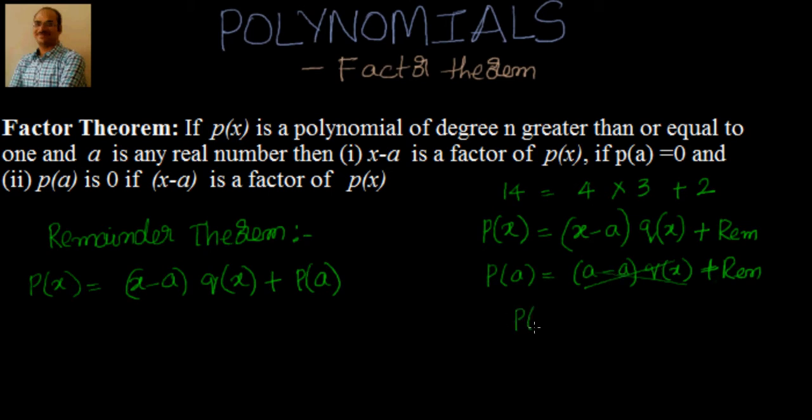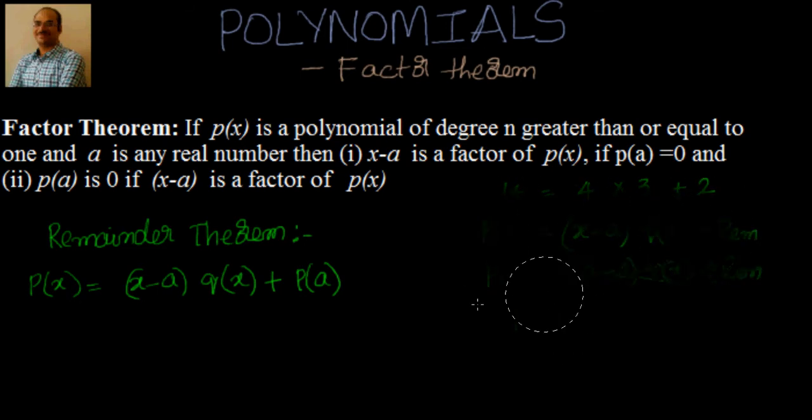So that gives you p of a is equal to remainder, or remainder is equal to p of a. We have also taken a couple of examples to see how we are able to prove that the remainder theorem is working out well.